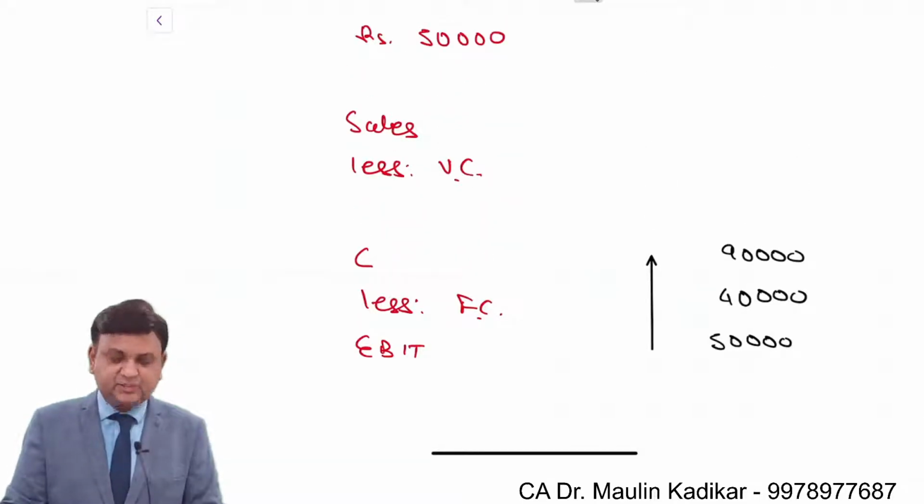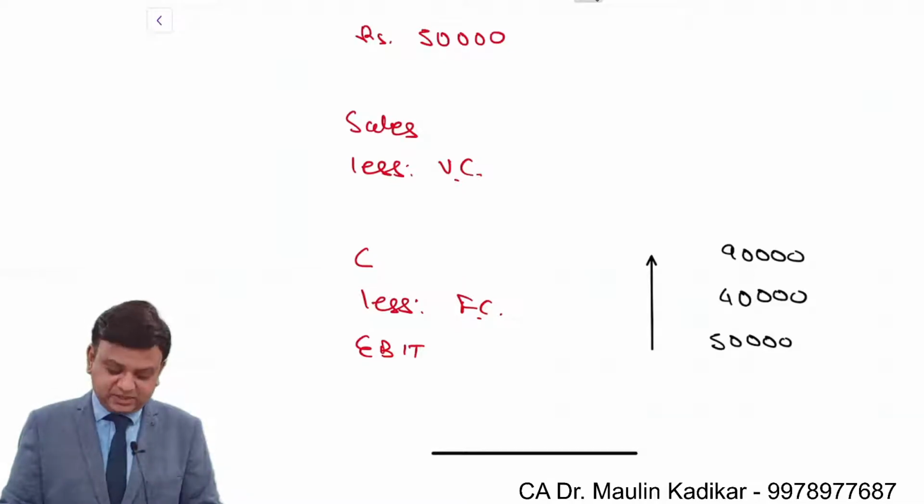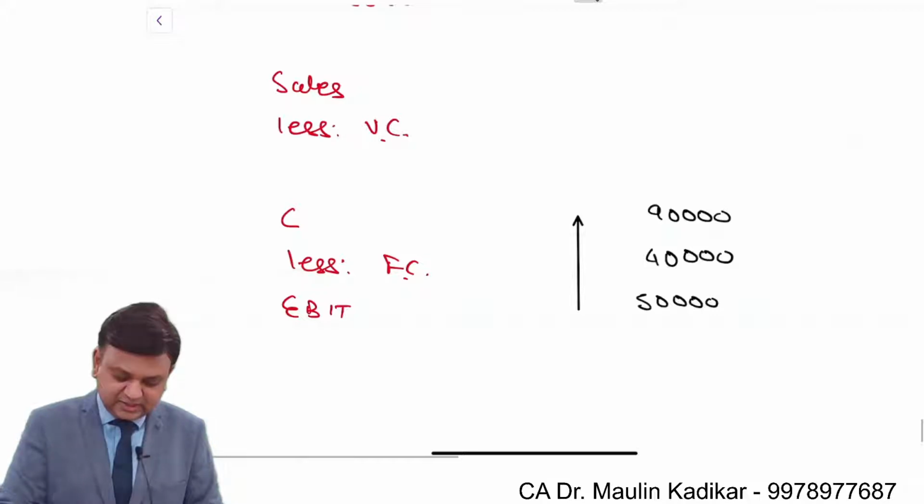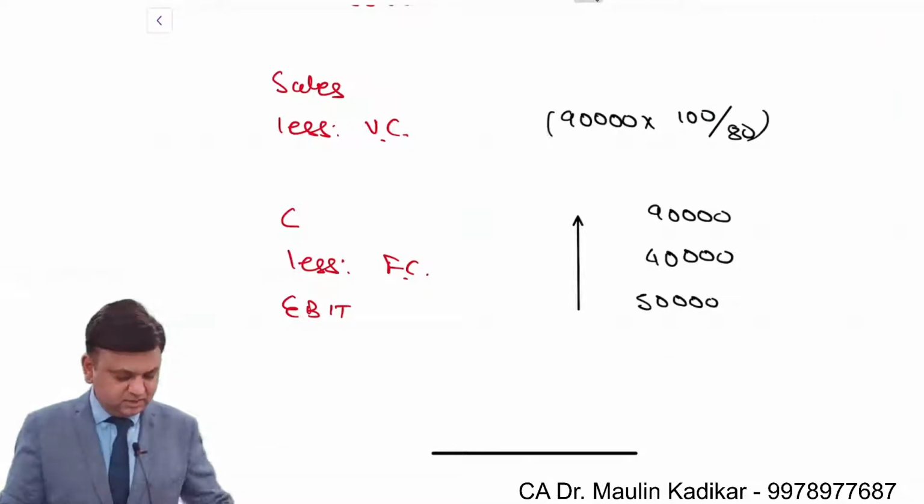We understand that the profit volume ratio is 80%. So as far as the sales is concerned, it is 90,000 into 100 divided by 80. That is the way the sales value can be found, and it comes to 1,12,500.